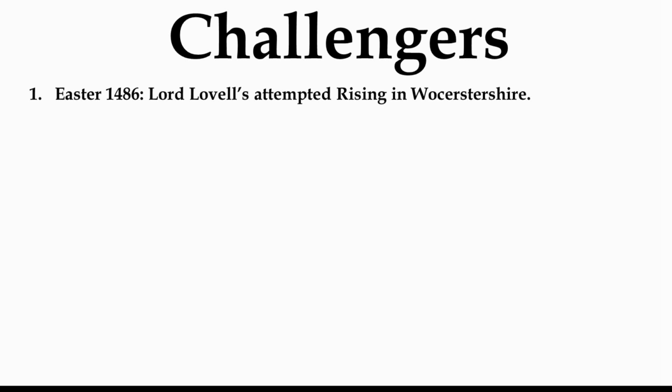He was a supporter of Richard III, and he attempted to instigate a rebellion in Worcestershire in 1486. But thanks to Henry's spy system, which I'm going to get on to later, the plot was intercepted, Henry knew about it, and Lovell, as well as some others who were involved, either fled or were captured.